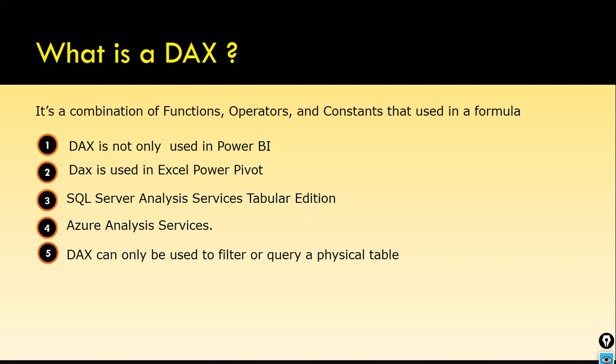For example, you have an Excel file or CSV file, and whatever changes or calculations you do using DAX will not impact your underlying physical file. For example, you have the sales column and you want to compute the profit margin. You can create a new column to make it part of your existing table with DAX, and you can also create a measure.